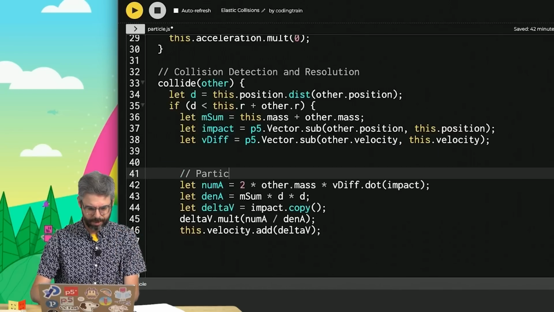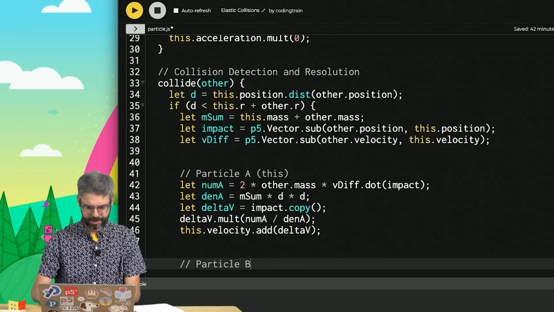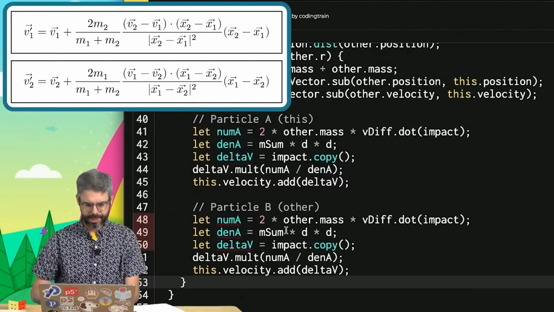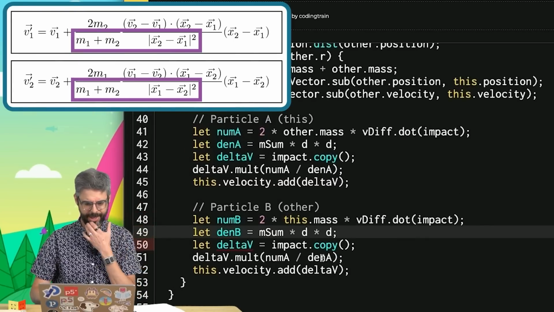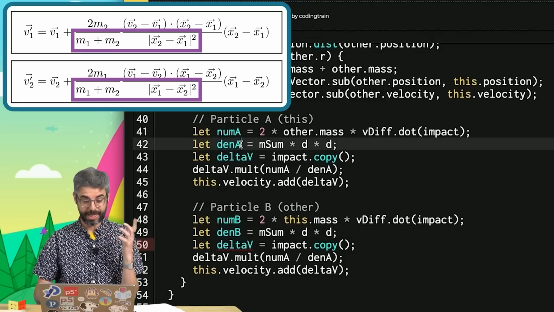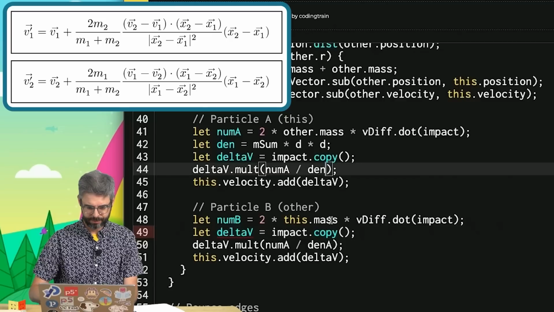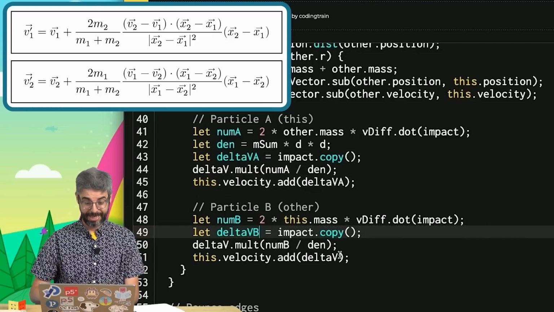So, particle A, this. And now for particle B, which is other, it is 2 times this mass. Denominator is the same, so I don't need a separate denominator A or denominator B. This should be delta VA, delta VB.